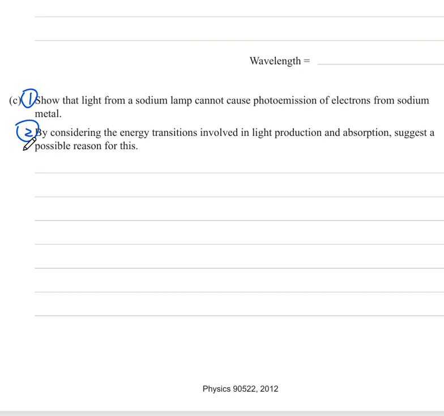Now, for the photo emission to happen, or to make the photoelectric effect take place, we have to make sure that this is greater than 0.